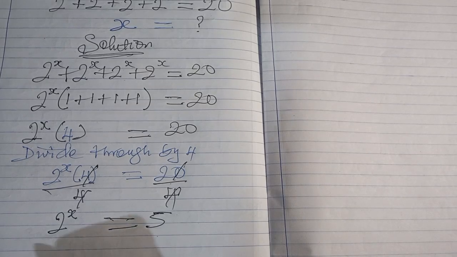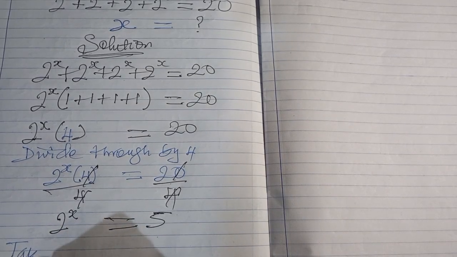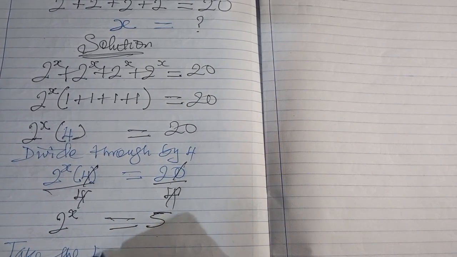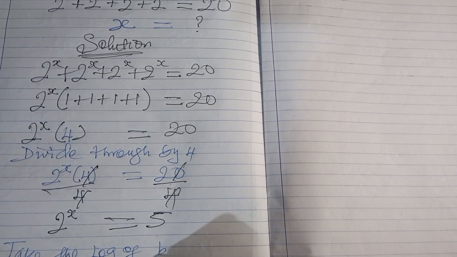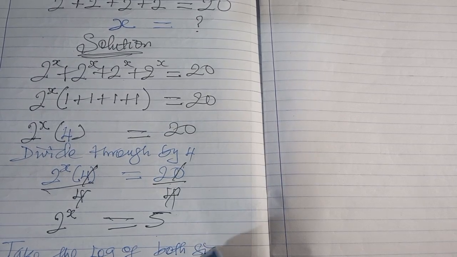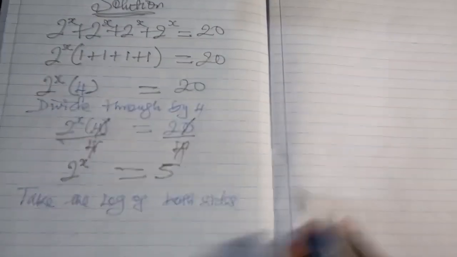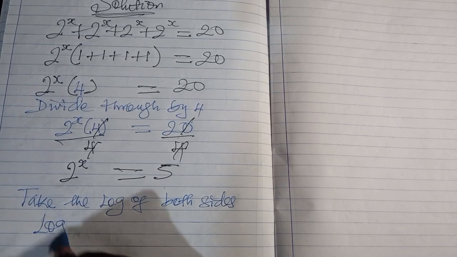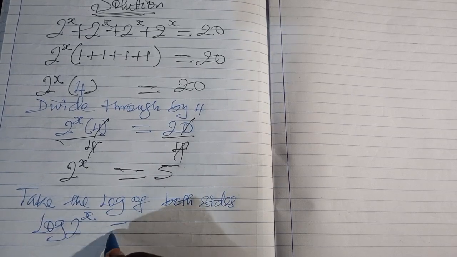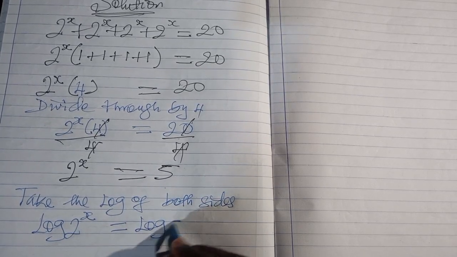From here, you take the log of both sides. You have log 2 raised to the power x equals log 5.